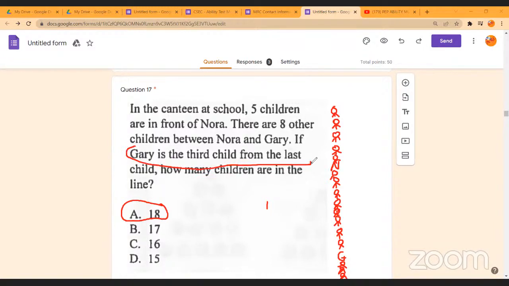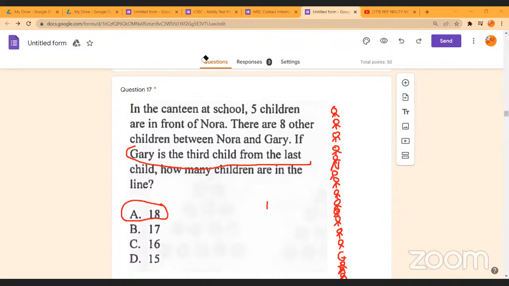Miss, but one out of the 3 children that you drew would be one of the last children. So if Gary is the third child from the last, all right, explain to me, go on. So miss, you drew the 3 children, right? Mm-hmm.